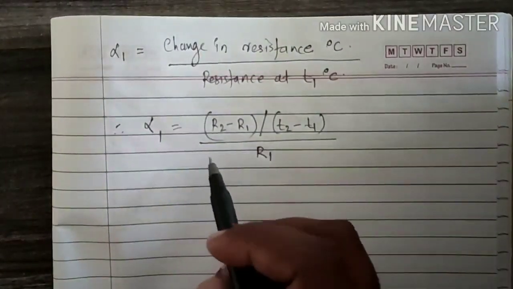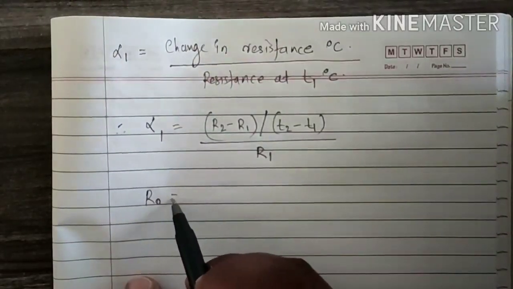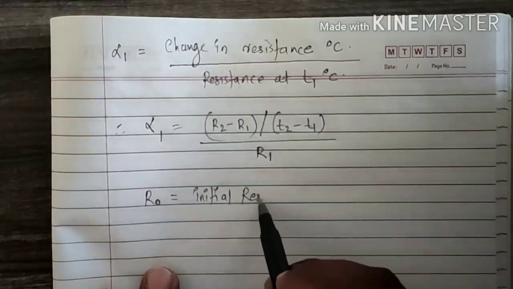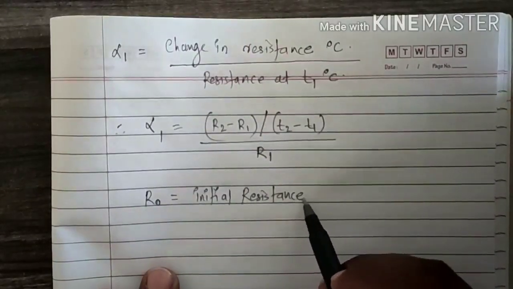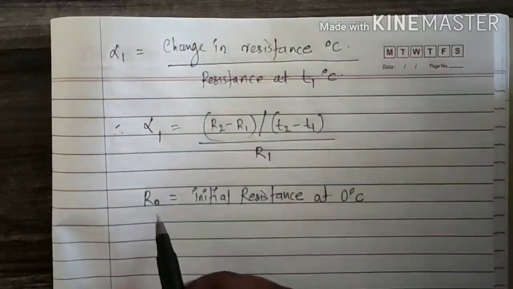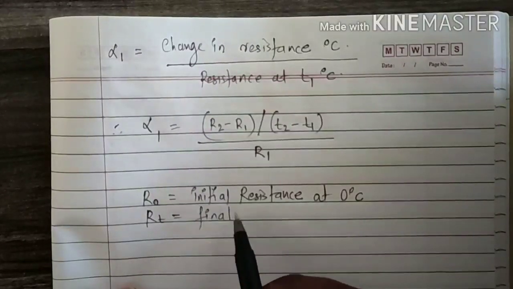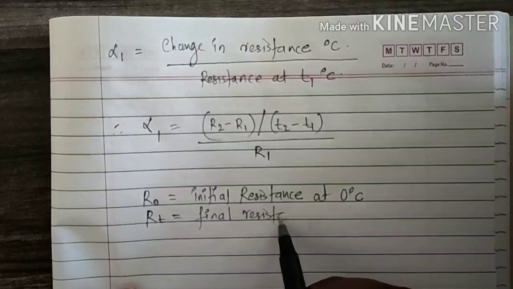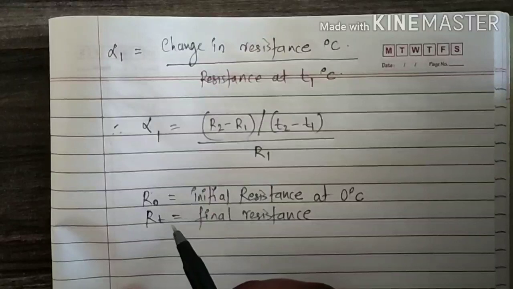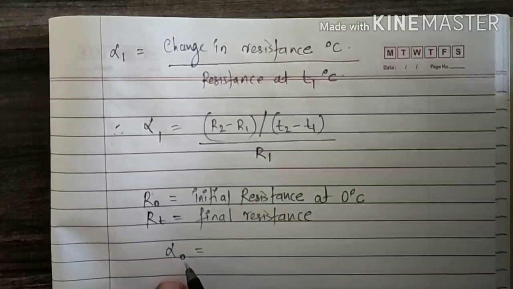Where R0, as we have seen in the graph, was the initial resistance at 0 degree Celsius, and RT means my final resistance. Initial resistance, final resistance. Then alpha 0 means the initial value.